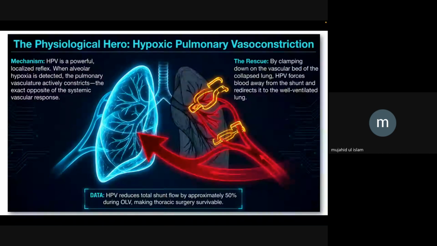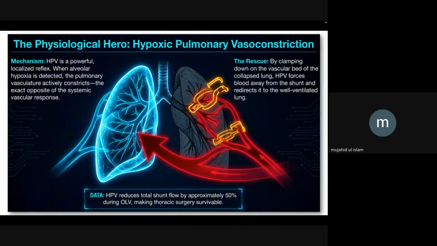Dr. Adnan has already discussed hypoxic pulmonary vasoconstriction in detail, so I will only briefly review it. HPV is one of the most important protective physiological mechanisms during one lung ventilation. It is a localized reflex in which hypoxia causes pulmonary arteriolar vasoconstriction, unlike the systemic circulation where hypoxia causes vasodilation.